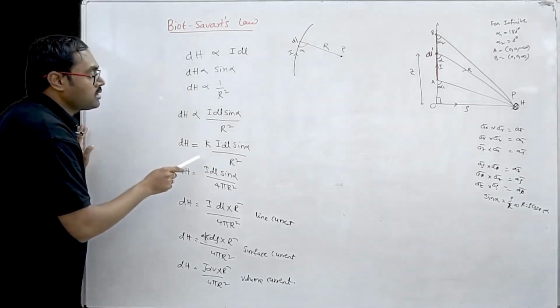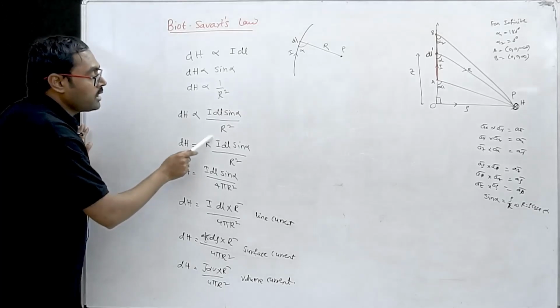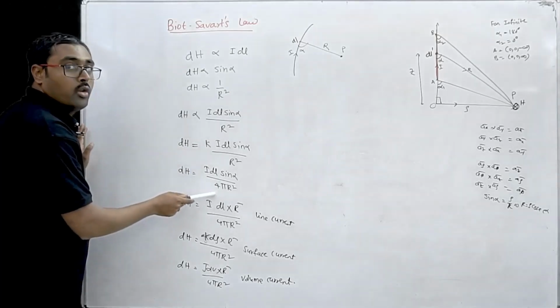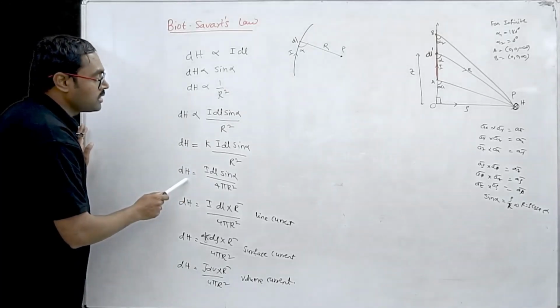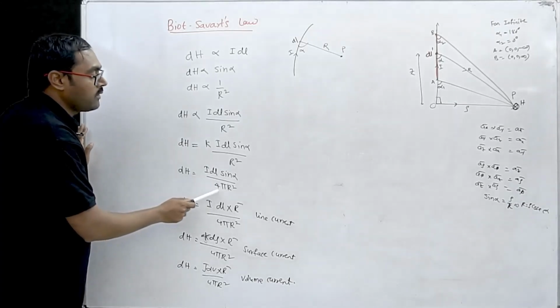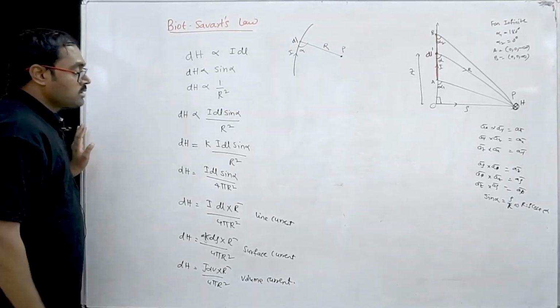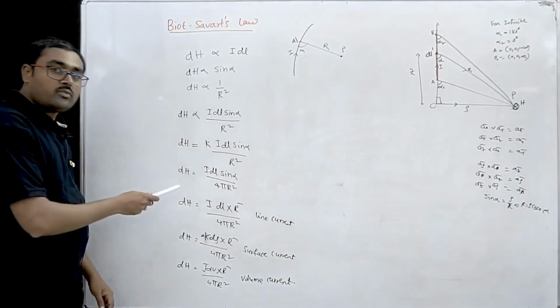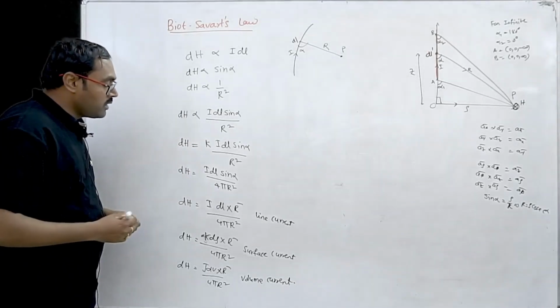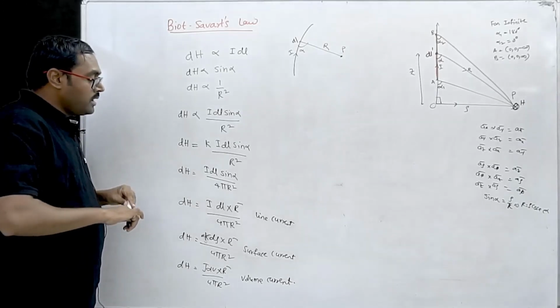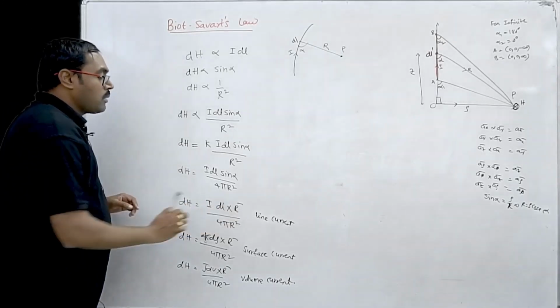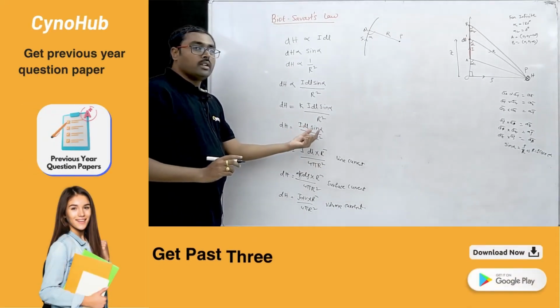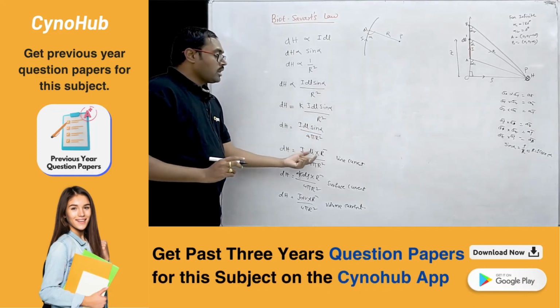For magnetostatic fields, this proportionality constant equals 1 by 4 pi. That's why the equation becomes dH is equal to I dl sin alpha by 4 pi r squared. When we apply vectors to this equation, it becomes I dl cross r bar, because whenever sin alpha comes, we can write it as a cross product.